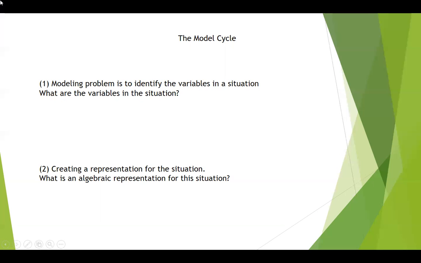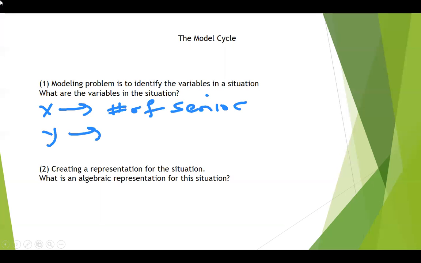They would have to describe to me what X means in this situation. So I would say X would mean the number of seniors, and Y would be the cost, and that is per senior. Those are the things I'm expecting students to say.